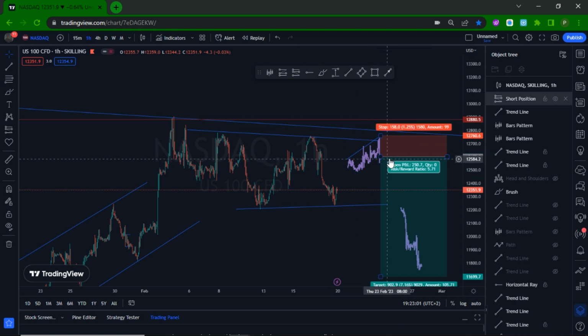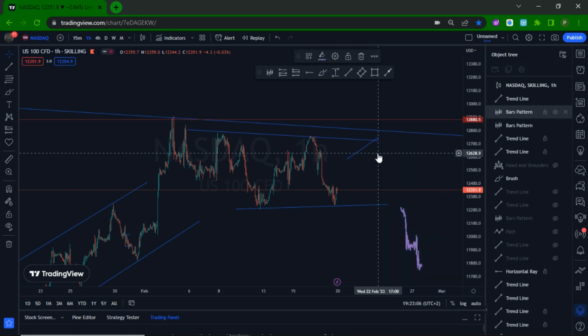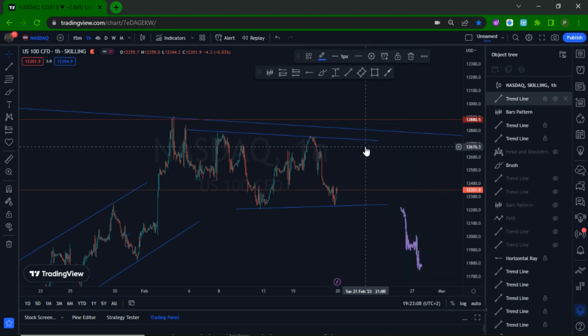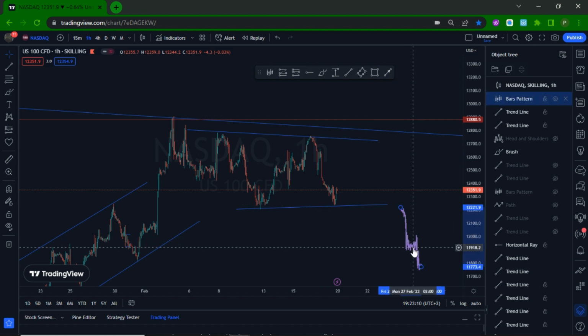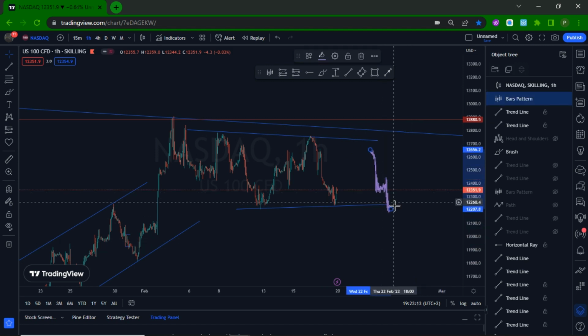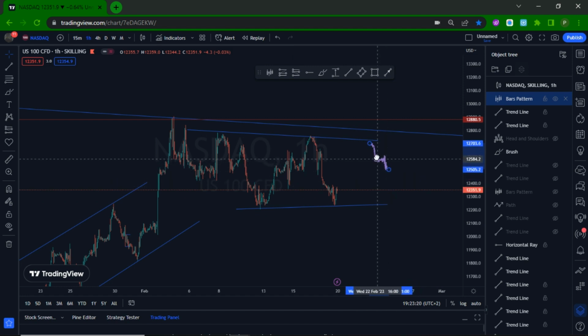Now let me see another scenario that may have a scenario like this, whereby maybe it's not clear what's happening, right? So we cannot capitalize on an uptrend, or we cannot capitalize from an ascending channel.